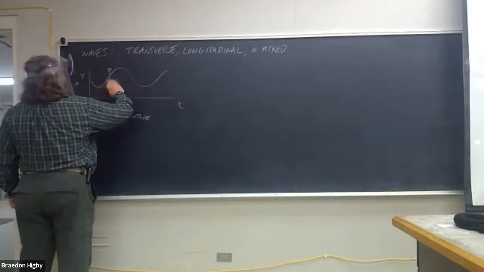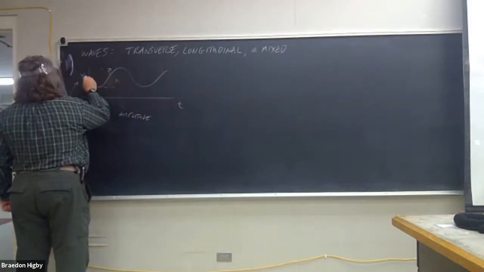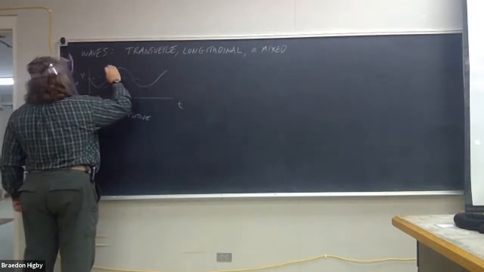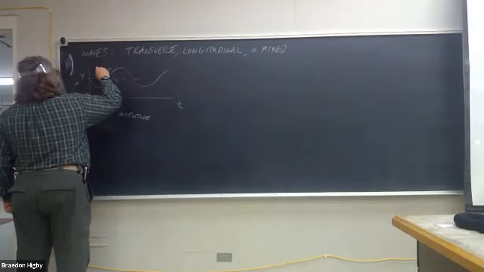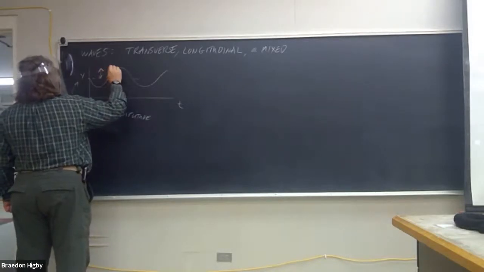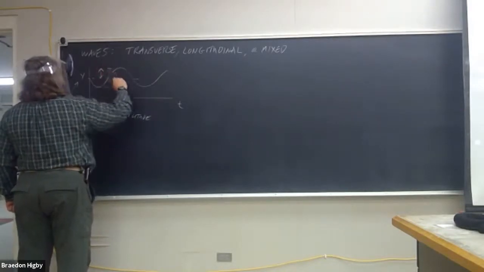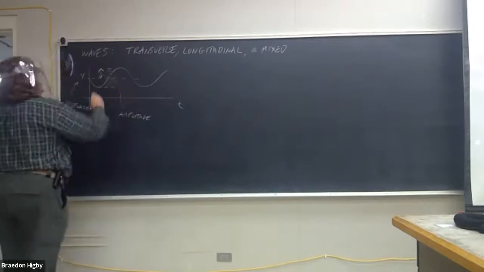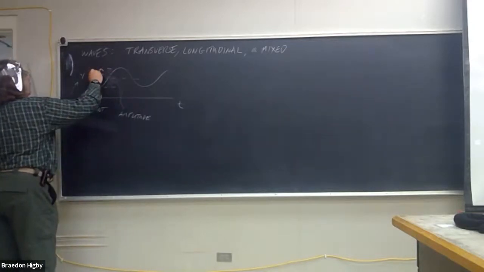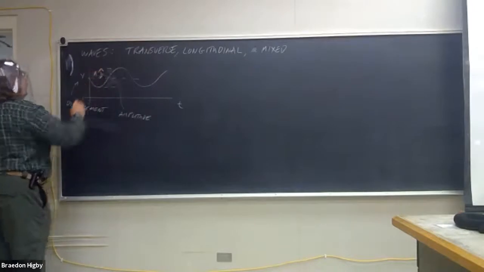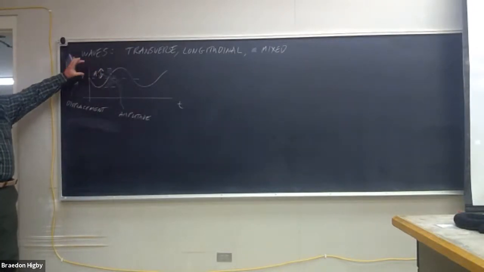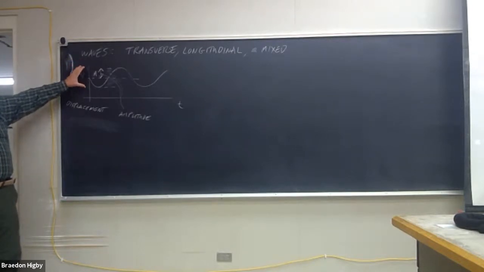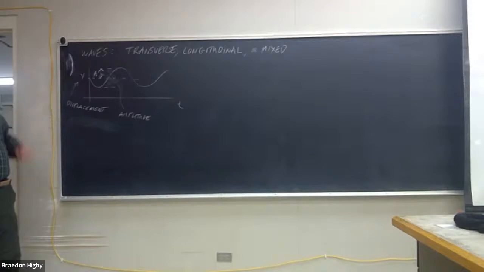Actually, no, we tend to call it half. So it's the displacement from equilibrium. It's the maximum displacement from equilibrium. And so the range of displacements is twice the amplitude. Okay?